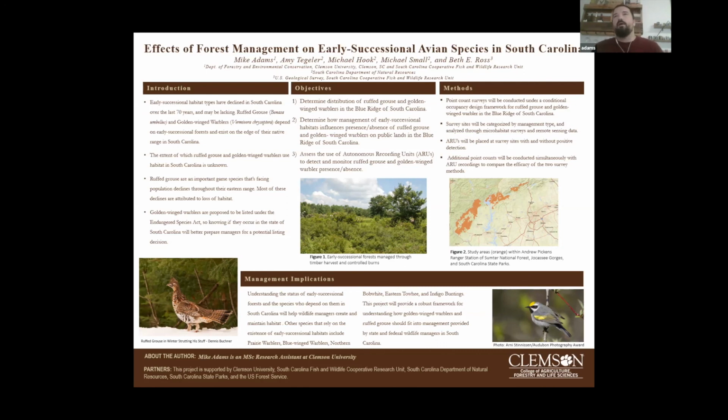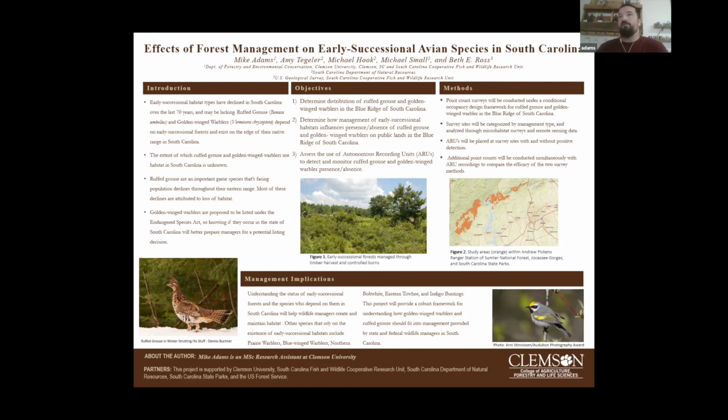Standard occupancy modeling involves about 3 surveys per site. Conditional occupancy is different. It's catered towards more rare species. What I'm doing is I'm surveying each site I have once, and then only resurveying sites with positive detection. This will allow me to extrapolate a detection probability throughout all sites, as well as an occupancy probability.